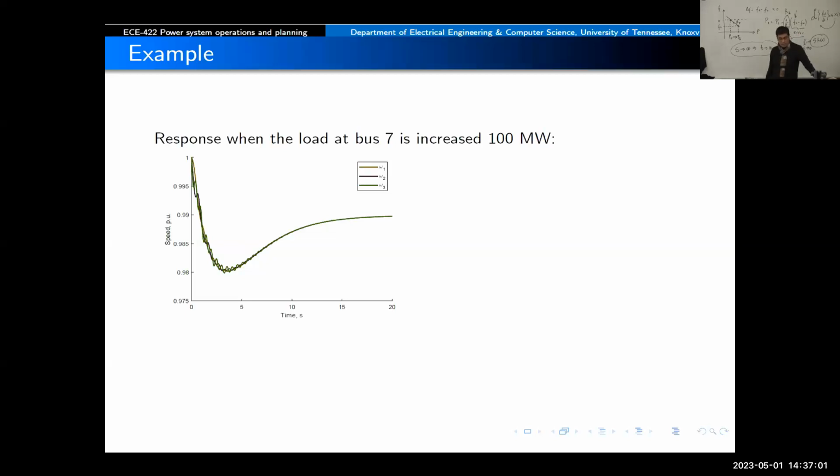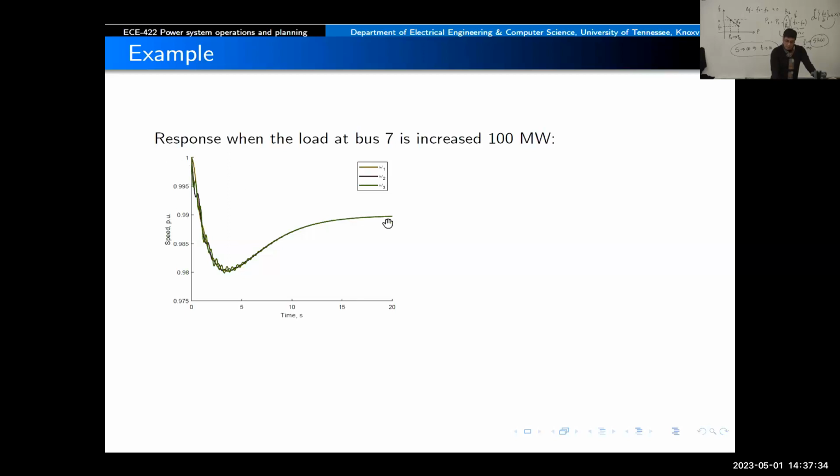We studied oscillation before, but this is a different type of dynamic behavior. This is pretty close. I think that if we simulate to 30 seconds, we should be able to reach a steady state for this system, but we can verify that. I think we're very close here.